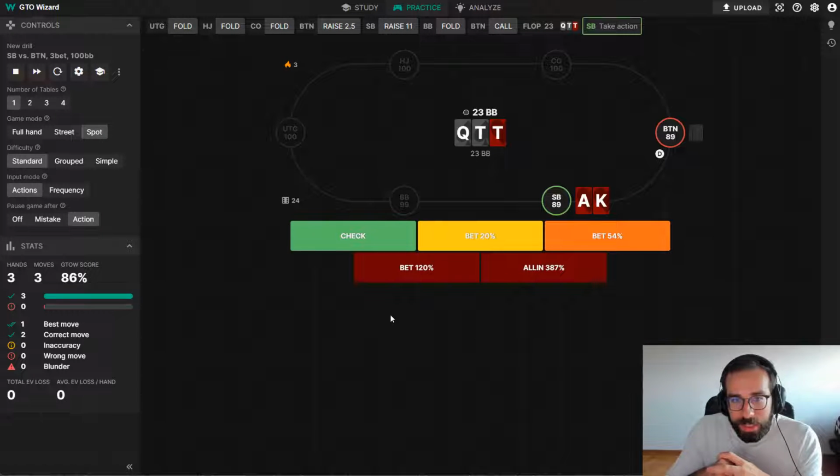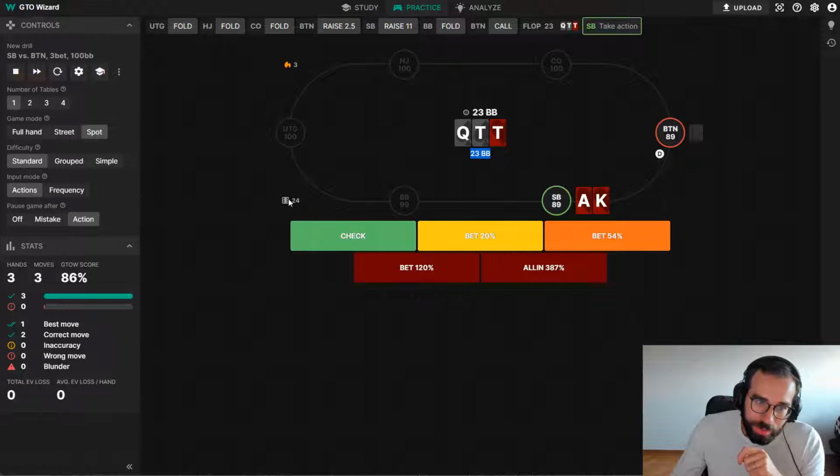Now we have ace king, another pair board. This pair board is a bit higher in general, but still I think we're betting with a very high frequency. I think ace king of hearts is gonna be a bet more often than not, and I think even here it's gonna be about 54% the sizing.